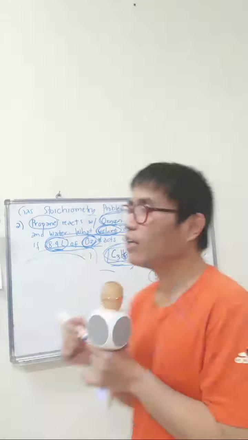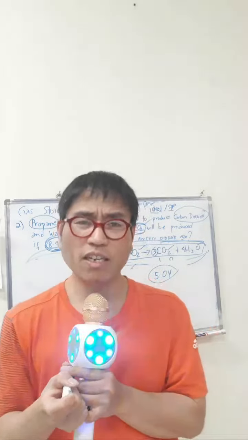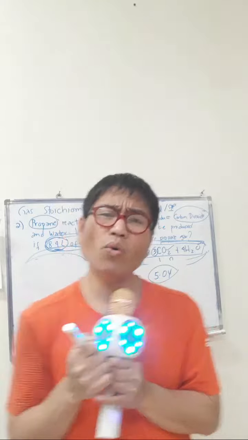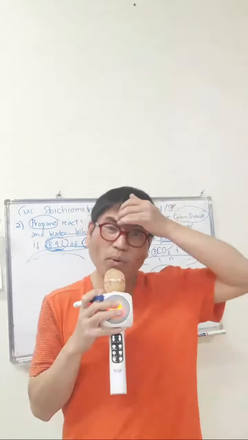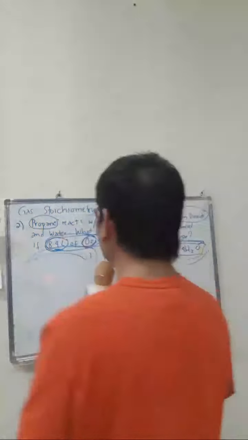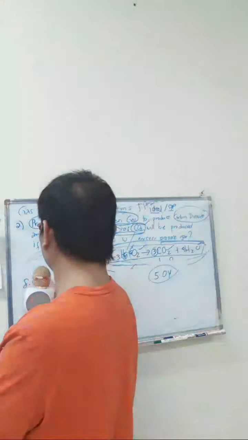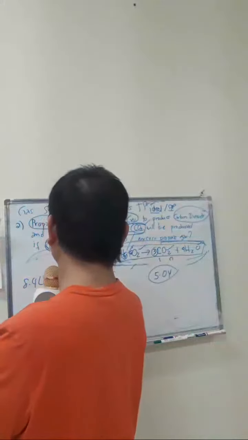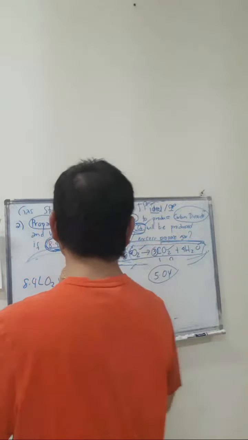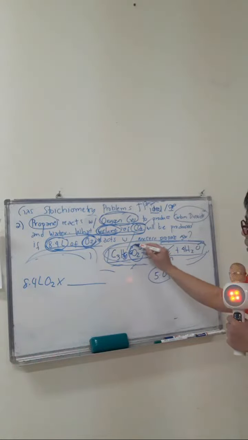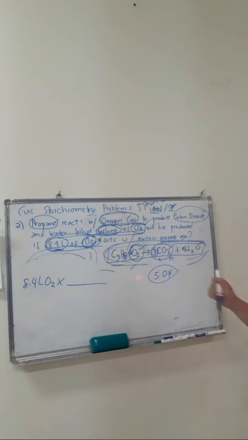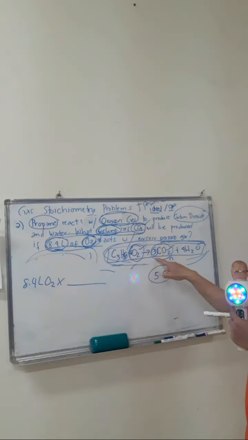If the volume increases, the number of moles also increases. So meaning to say, even though we will not use the number of moles relationship, we can use the volume directly. You get the point? 8.4 liters of oxygen gas. Then, what is the relationship of oxygen to CO2? 5 moles of oxygen gas and 3 moles of CO2.